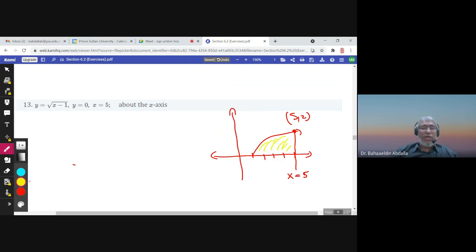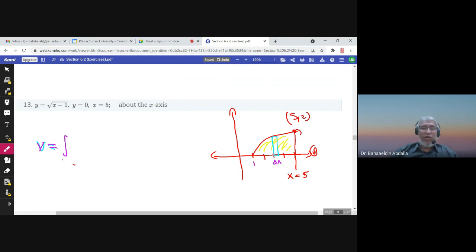We need to rotate this region about the x-axis. So we will take a vertical rectangle like this, and the volume would be given by this equation. Delta x from where?